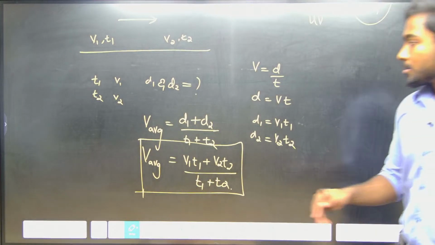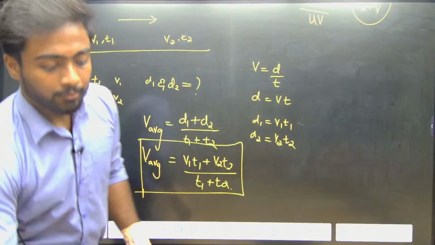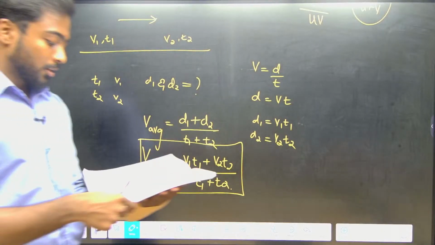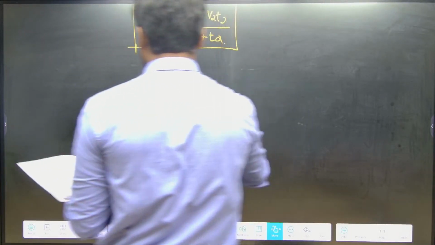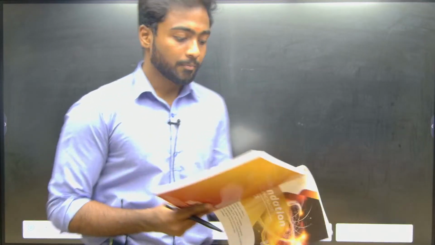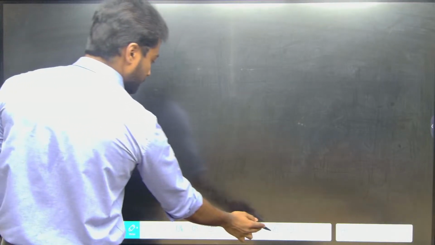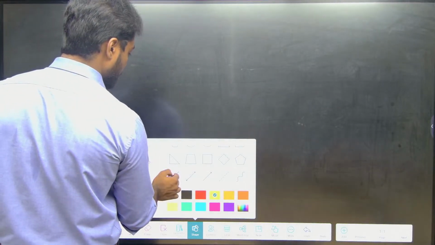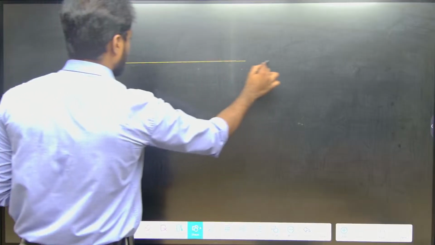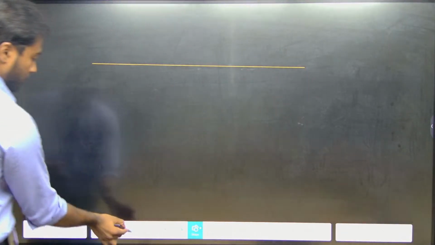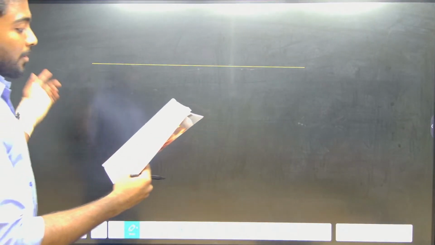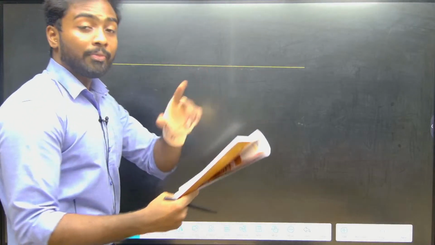Okay. So this is about the question. Next we will see the next question here. What they are saying is, a body traveling along a straight line covered 1/3 of a distance. Okay, sir, body is traveling in a straight line covered 1/3 of a distance.